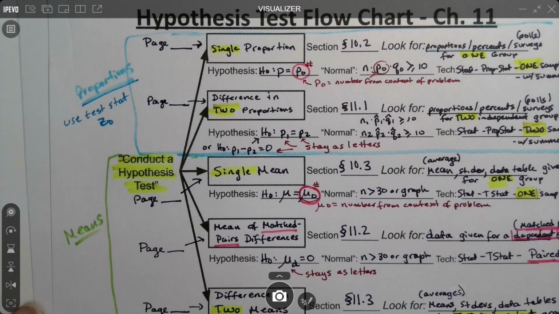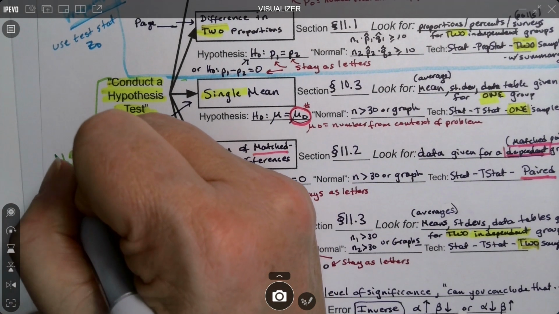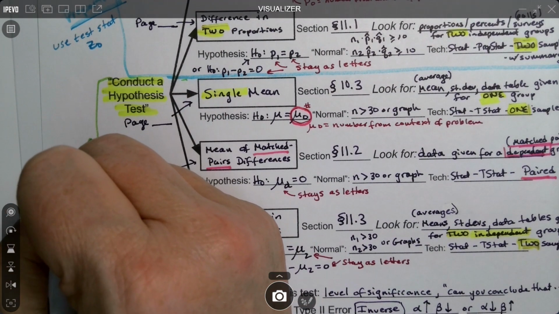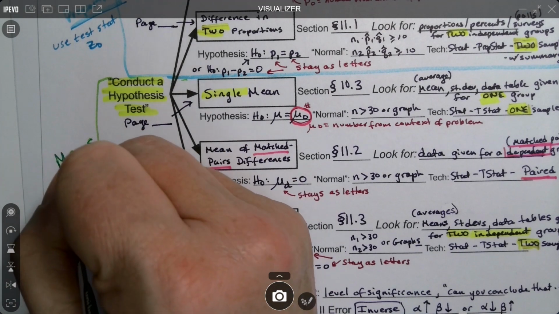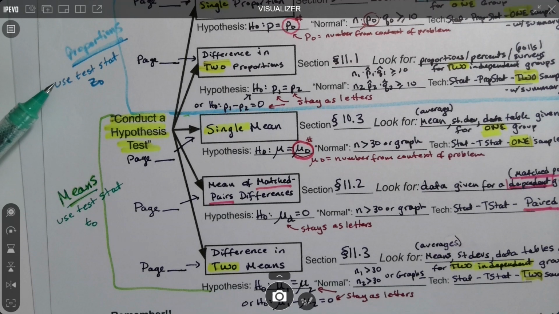Whereas when you're using means, down here, means use a test stat of t0. So proportion problems use the Z curve, means problems use the T curve.